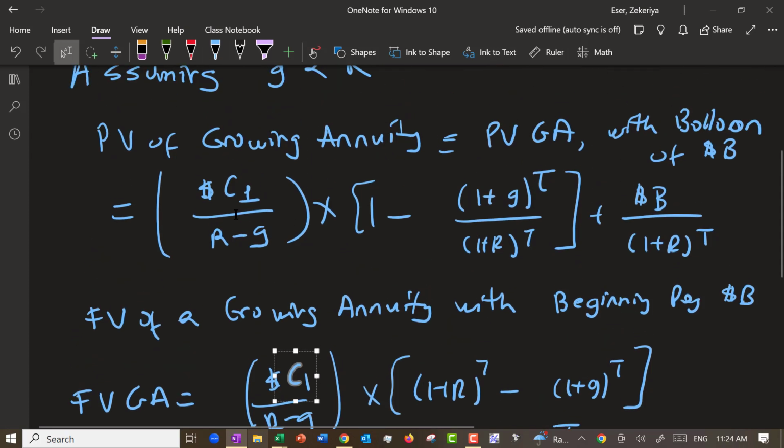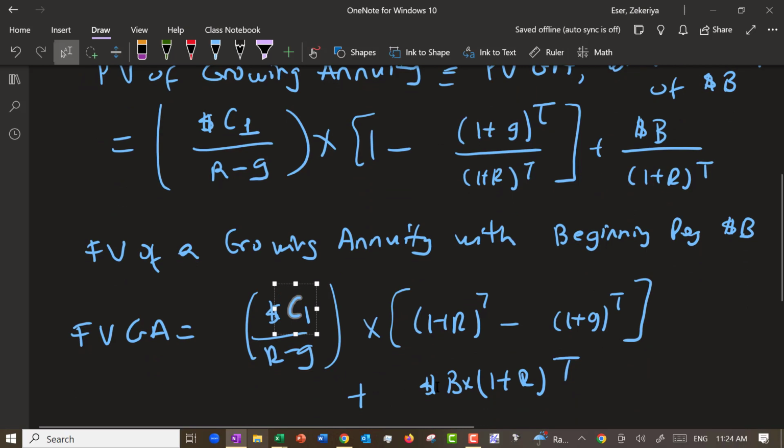What I basically did, I took this portion first, the present value that is due to the annuity itself, and multiplied that with 1 plus R raised to the power T. That's basically the future value of that piece. Then I added the future value of the initial money.